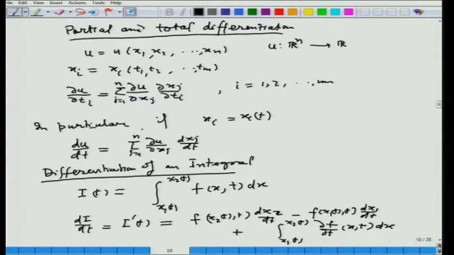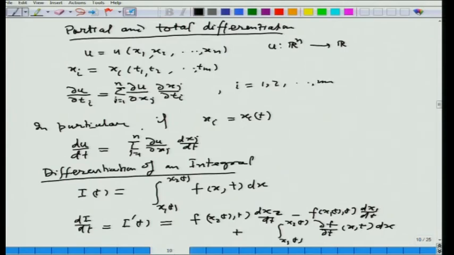Then the partial derivative del u over del t i can be defined like this, and in particular if the x i's are functions of only a single variable, then this partial derivative with respect to t reduces to the ordinary derivative du by dt in the following manner.